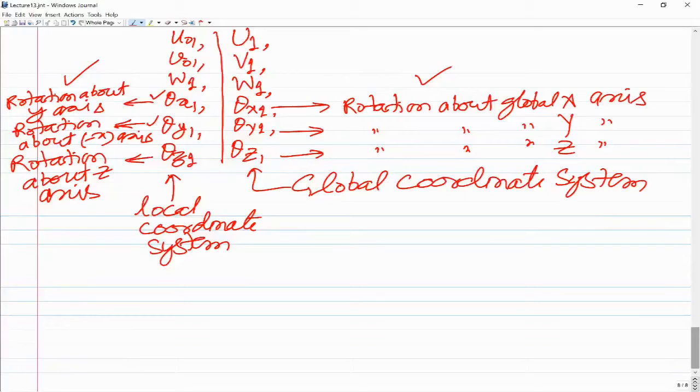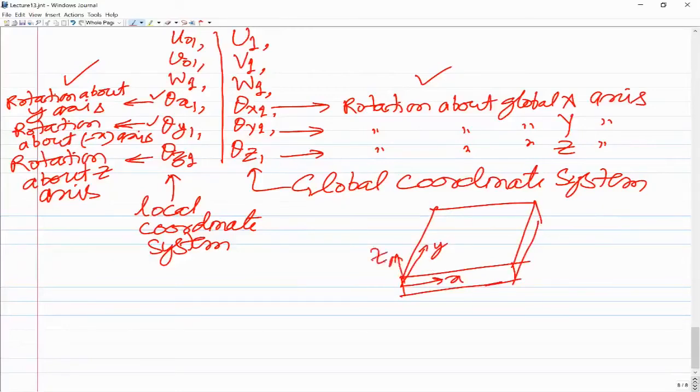I said rotation about negative axis because, when you talk in terms of the local coordinate system and the element, suppose this is x, this is y and this is z. We have written the displacement along x direction as z into theta x. So if this is the normal, and it rotates about positive y axis like this, we get the displacement as z into theta x.